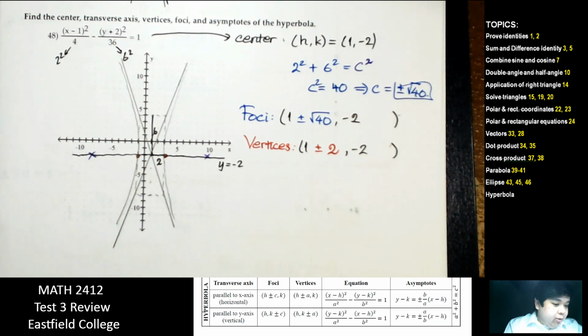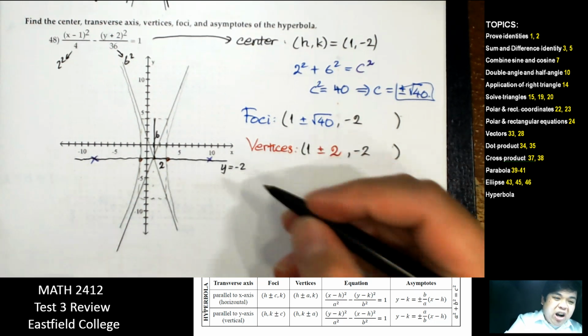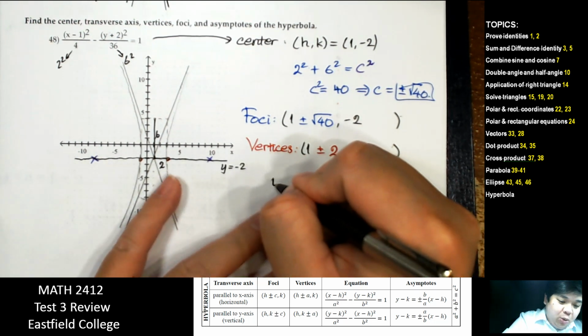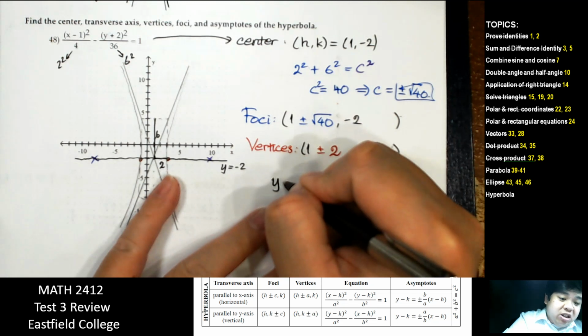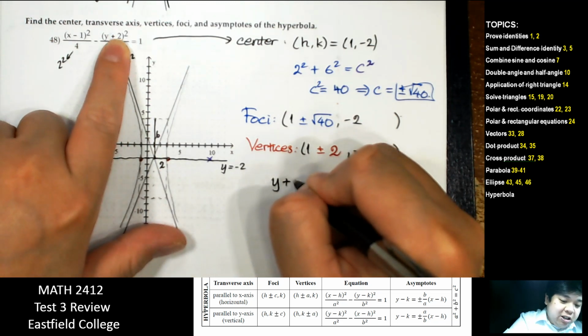Right, sorry, we still need to find the asymptotes. Asymptotes equation will be y equals mx plus b, so for y we need to subtract the center, so pretty much like this.